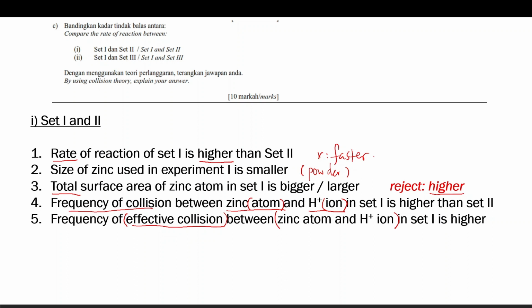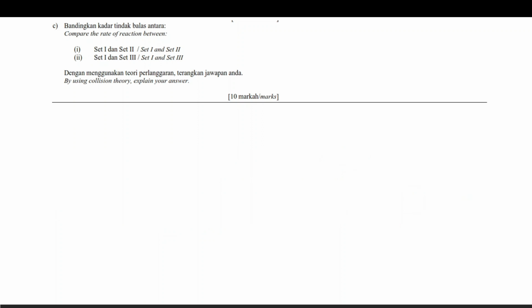So 5 marks, each point 1 mark. So 5 marks for Z1 and Z2. Remember, we will separate it like this, Z1 and Z2. So all the explanation is for Z1 compared with Z2. Then number 2, we will compare Z1 and Z3. So we separate them.